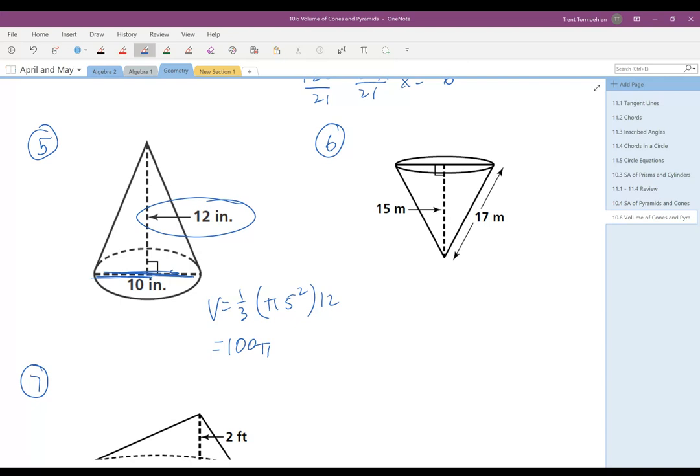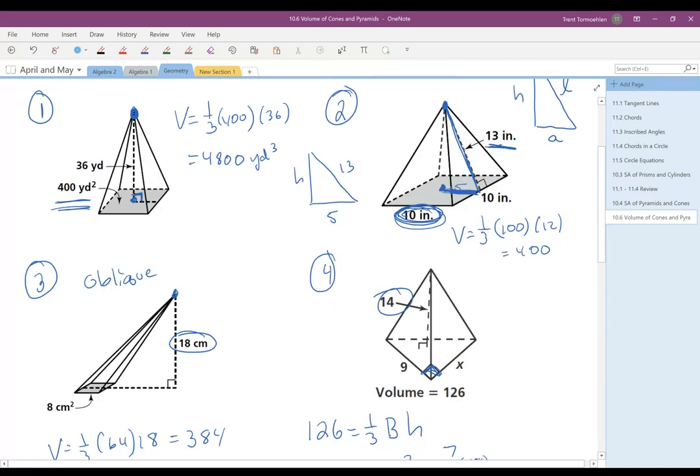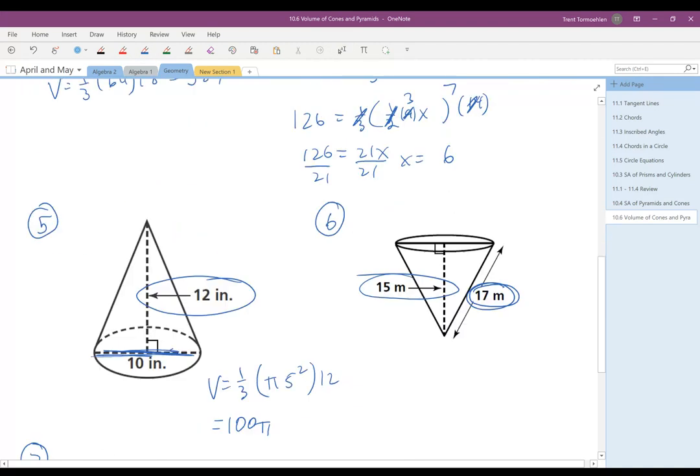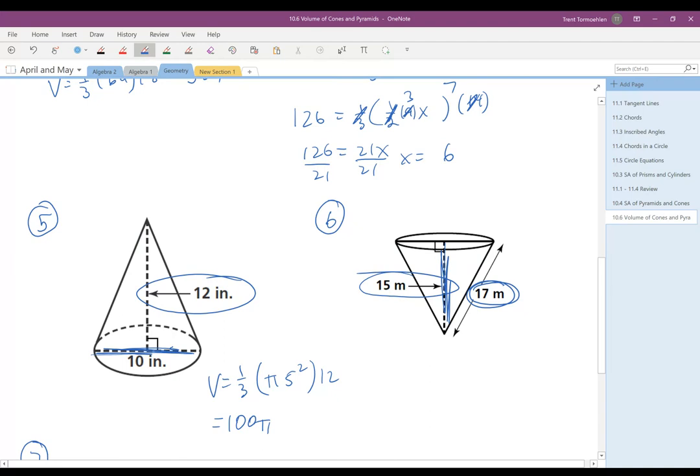For 6, this is kind of like the one above where we're given the slant height. 17 is not the slant height. 15 is the actual height. Note, this is a little bit different, and you could have the same thing in a pyramid. Right up here, you were given the base and the slant height. This one, you're given the height and the slant height.